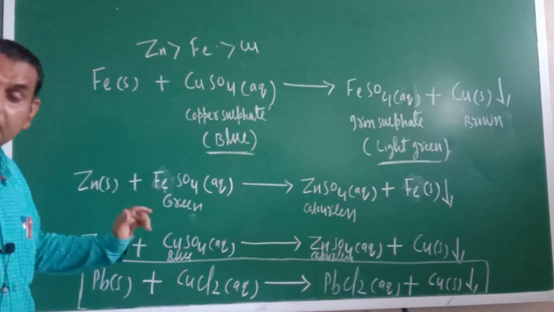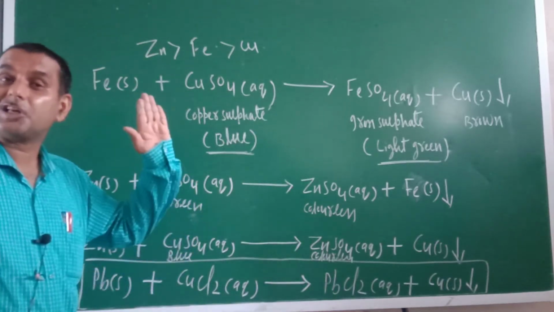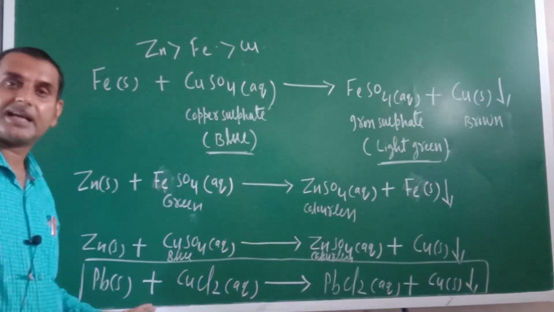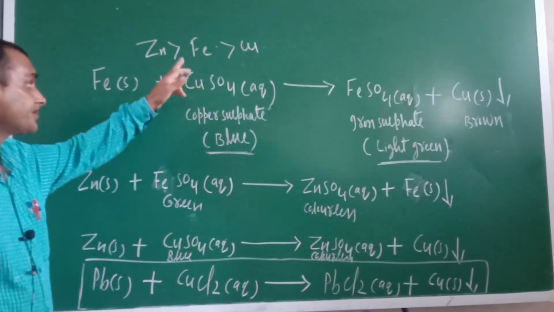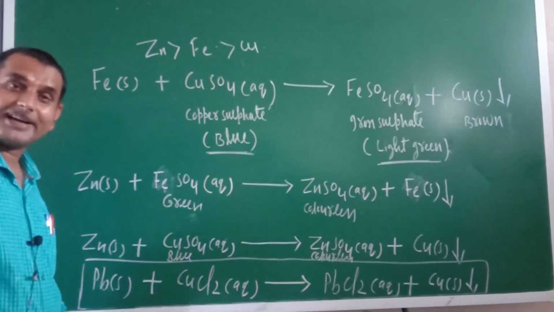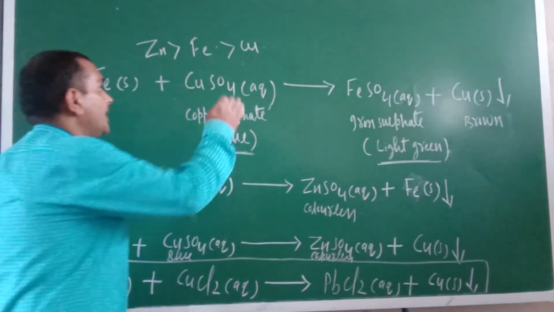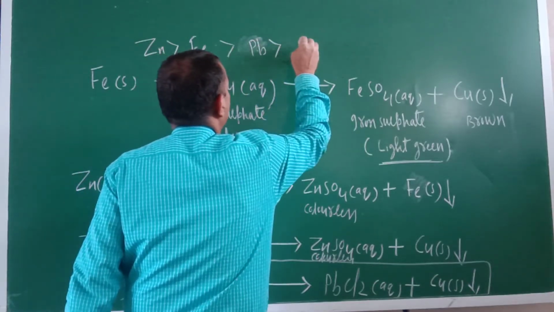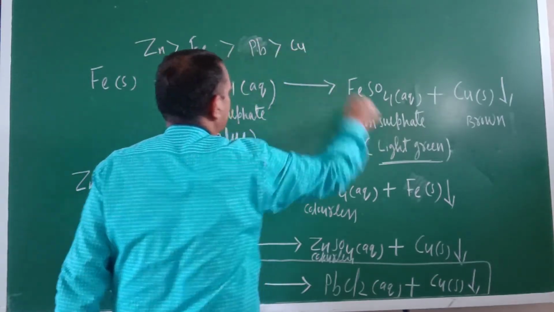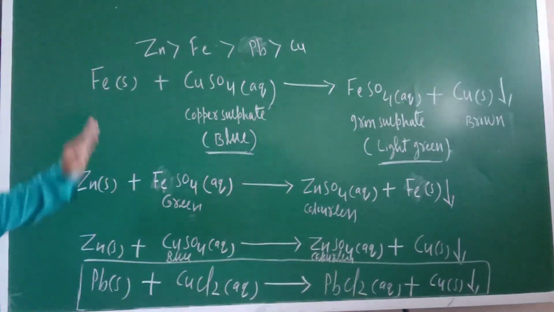But by seeing its position in the reactivity series we can decide. Lead is less reactive than iron but more reactive than copper. So here after iron, who will come? Pb. Then who will come? Here, copper. Okay, you can see the reactivity also.